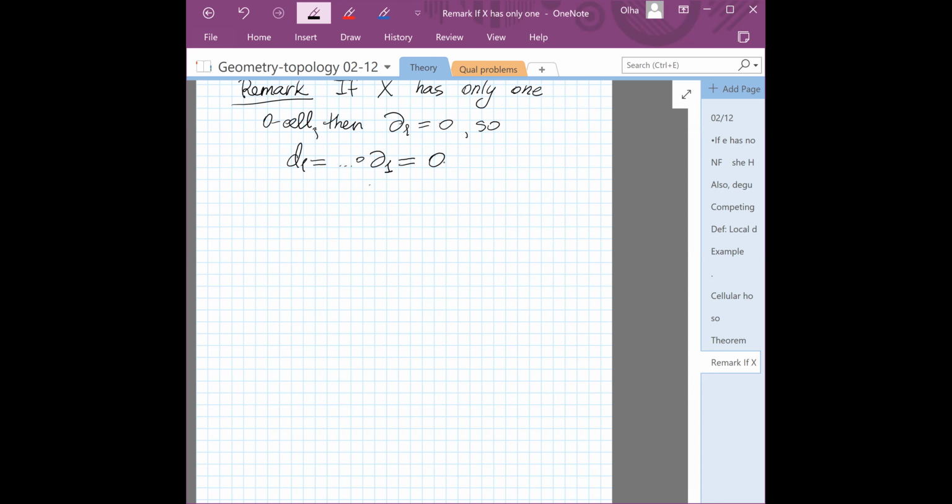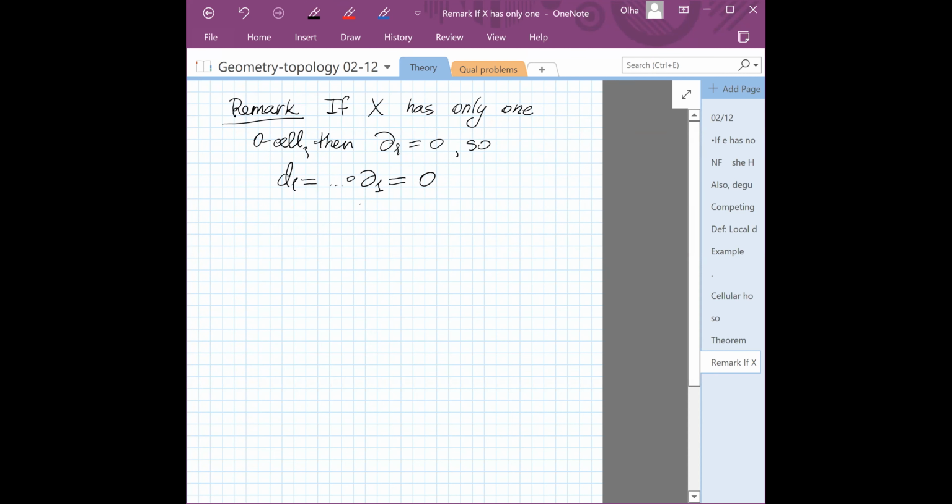Okay, cool. Examples. So the first example is pretty simple. It's the complex projective plane.